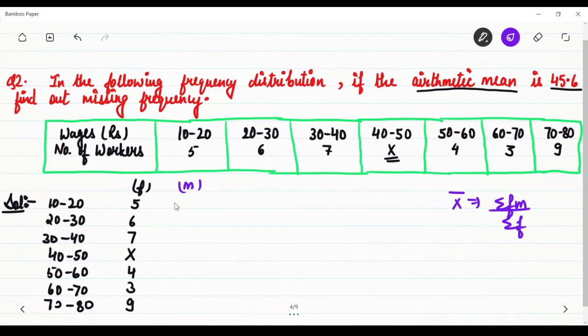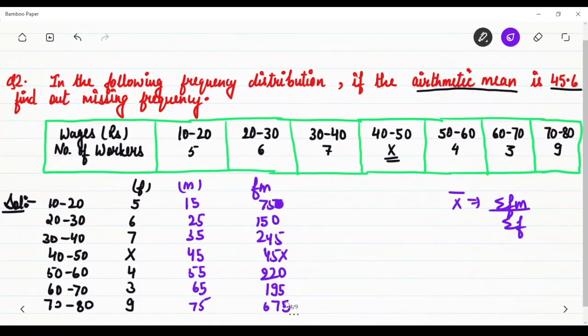We need to multiply in order to get sigma fm. So 15 into 5 is 75, then we have 150, then 245, 45 into x will be 45x, and 220, then 195 and 675.